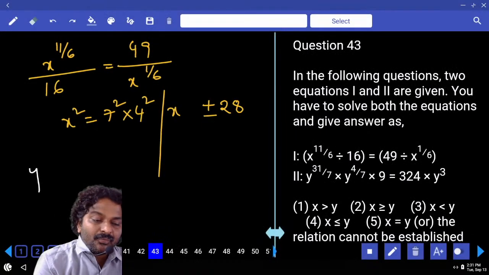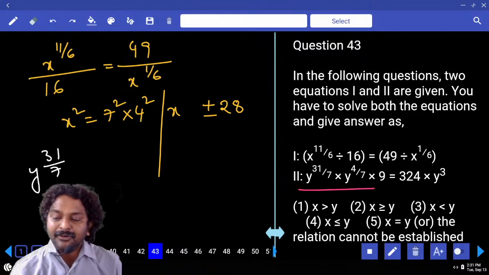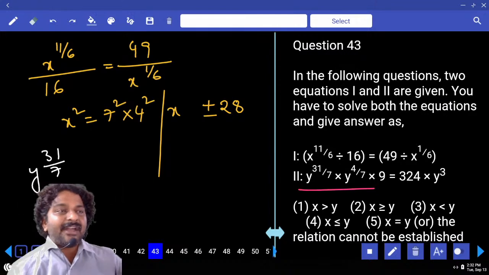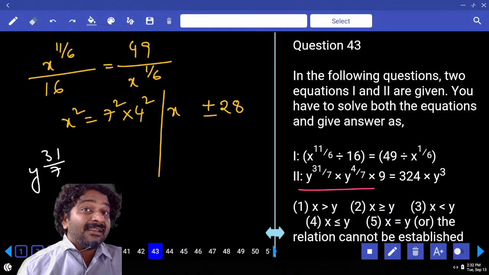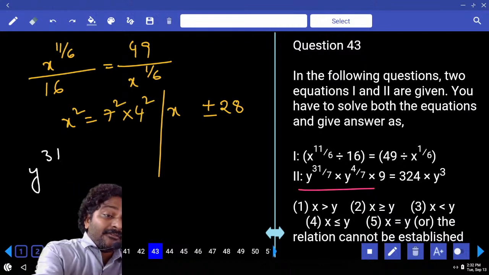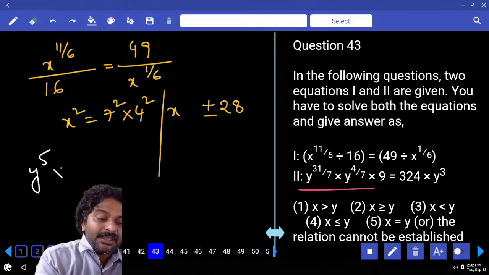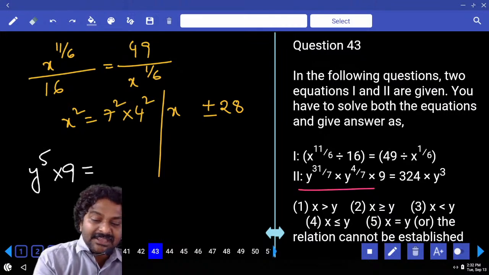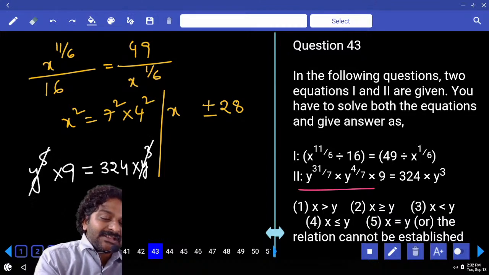Next, y power 31 by 7 into y power 4 by 7. That is y power 35 by 7 only. 35 by 7 is 5. y power 5 into 9 equal to 324 into y cube. y cube cancels in y power 5.